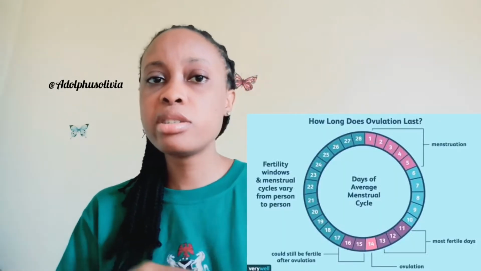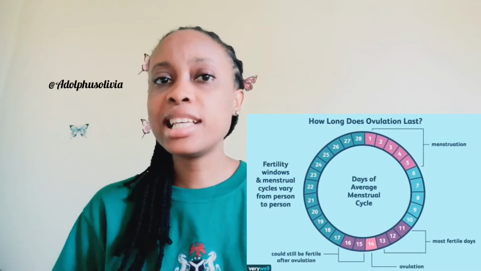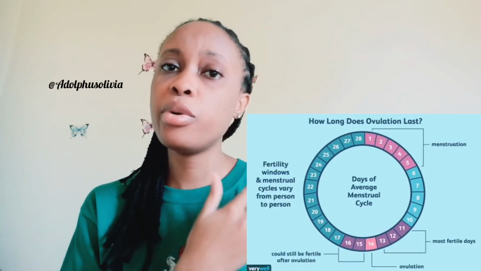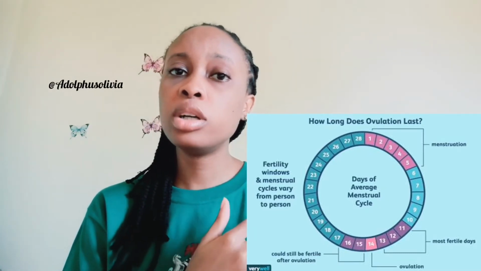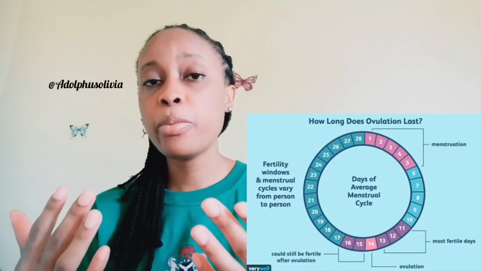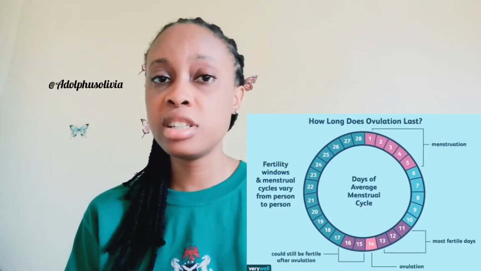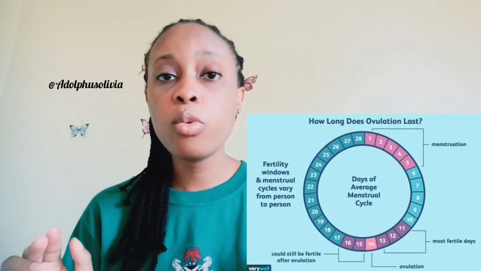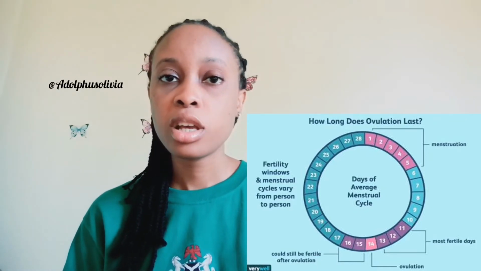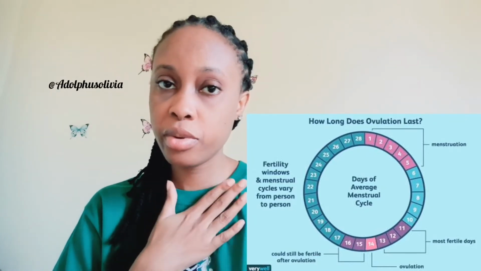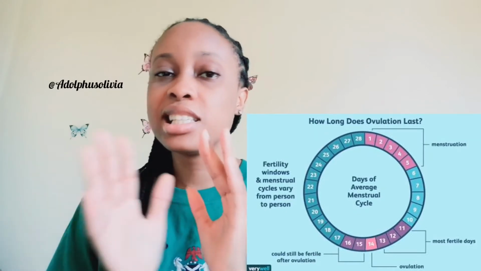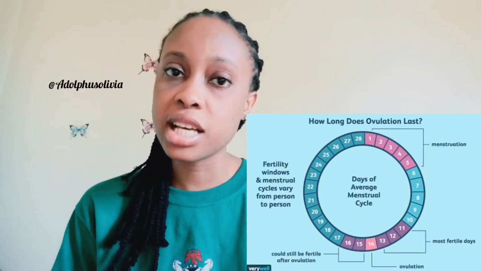So I'm going to attach a circle that will show you what the menstrual cycle looks like. This circle is going to show you, from day one, when you start seeing your period. For some people it lasts between 3 to 7 days. Period for every woman varies. The way I see my own period is quite different from what you might be experiencing.